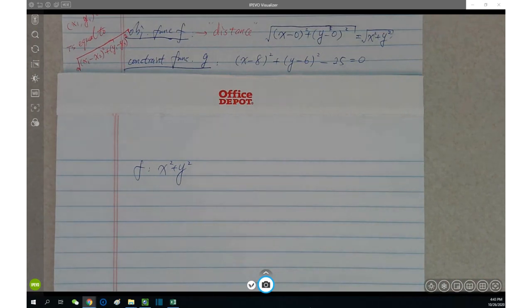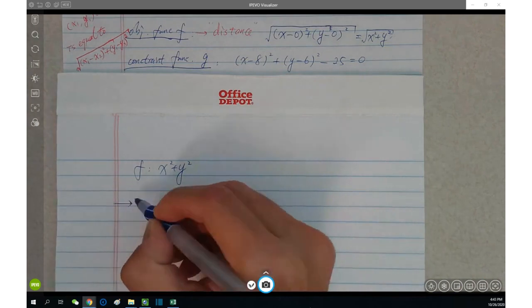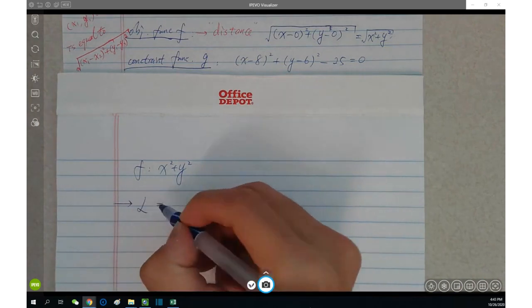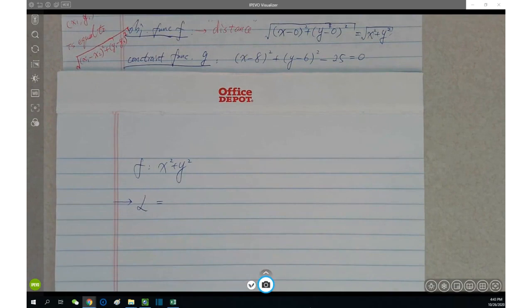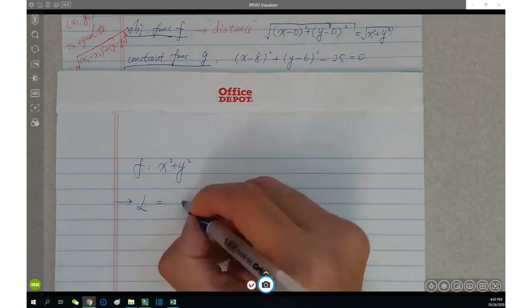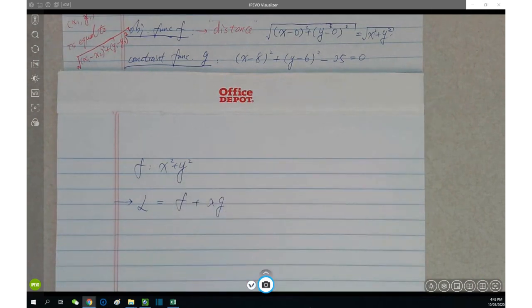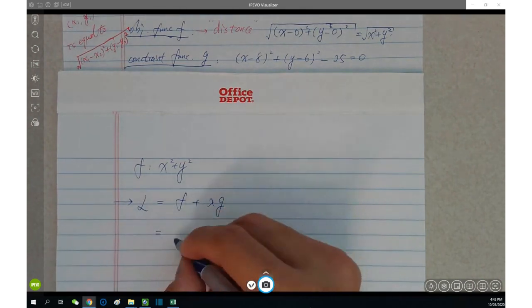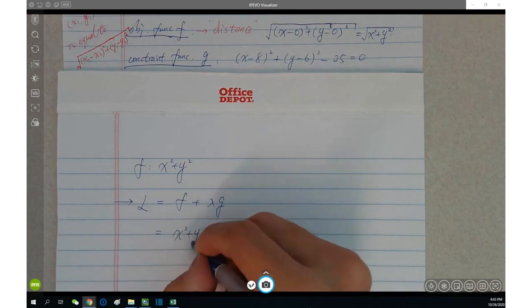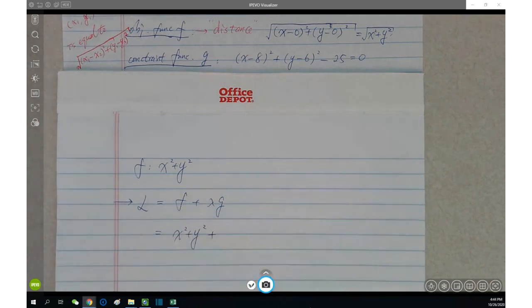All right. Now it's time for us to develop the L function. So just simply L equals f plus lambda g, with one lambda, without any subscripts needed. F is x squared plus y squared. So both f and g are functions of x and y, two independent variables.